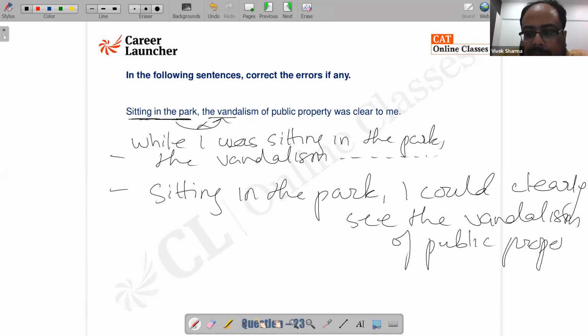And either ways, it's fine. While I was sitting in the park, the vandalism of public property was clear to me. The first one is also correct. The second one, sitting in the park, I could clearly see the vandalism is also correct because we are placing I next to the modifier. Right? So both correct.